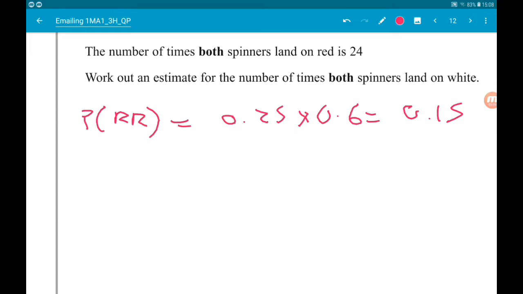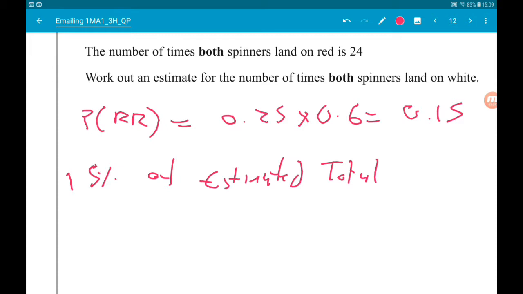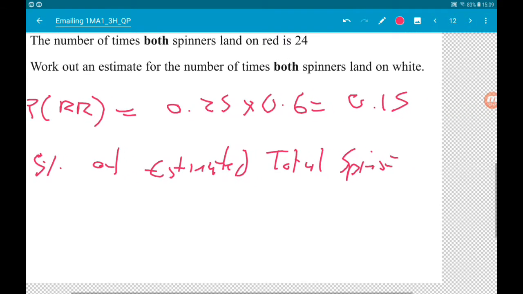So estimated, well, 15% of estimated total spins is 24.